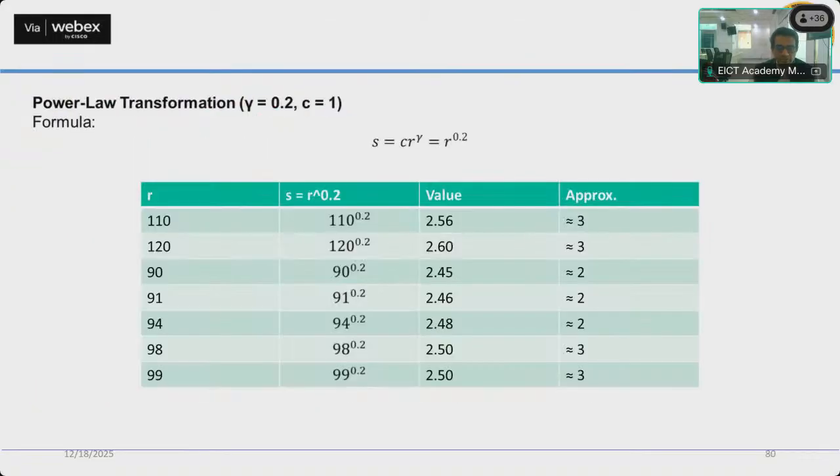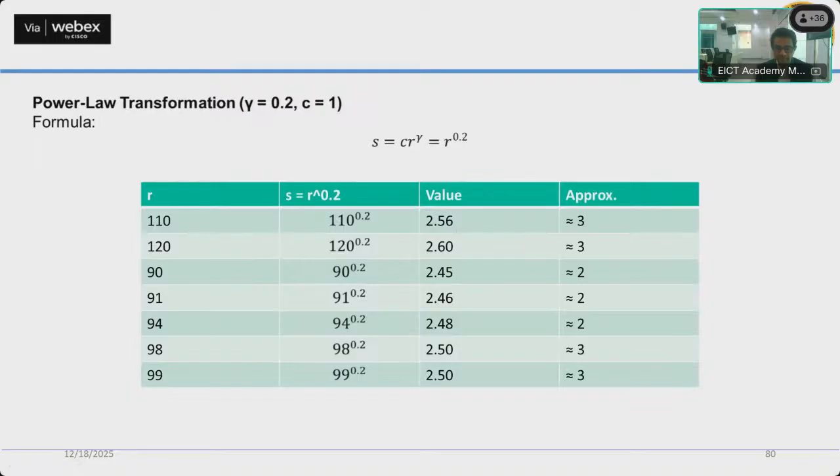When we take up this value, R to the power gamma, where gamma is equal to 0.2, this value is given, and thereafter it comes to 2.2, again the same value.